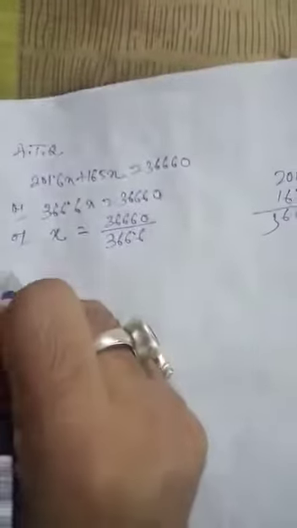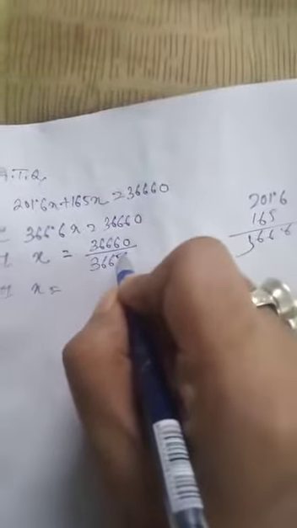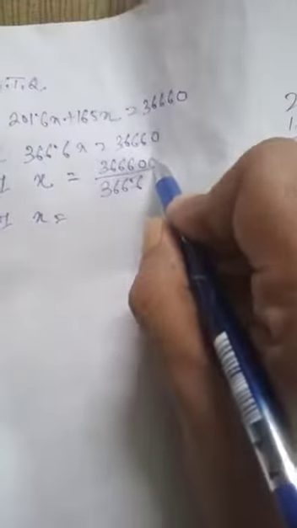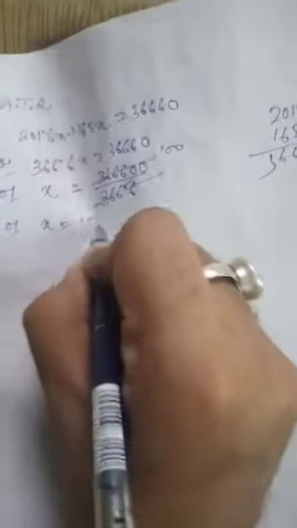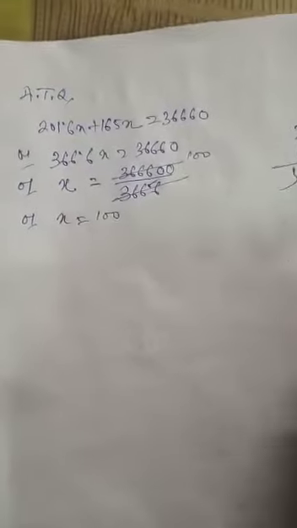If you remove the point from the denominator, then an extra 0 will come in the numerator, so we can divide it, and what will come? 100. So x is 100.